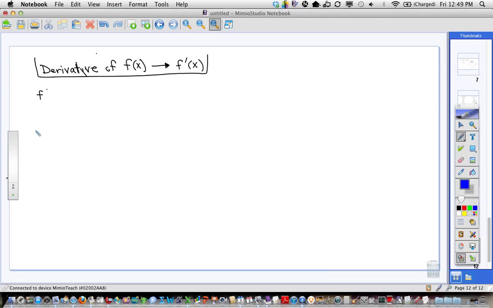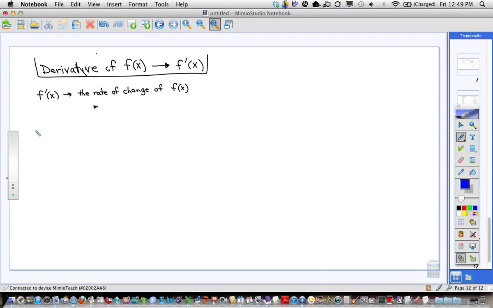One way of thinking about f prime of x is the rate of change of f of x.